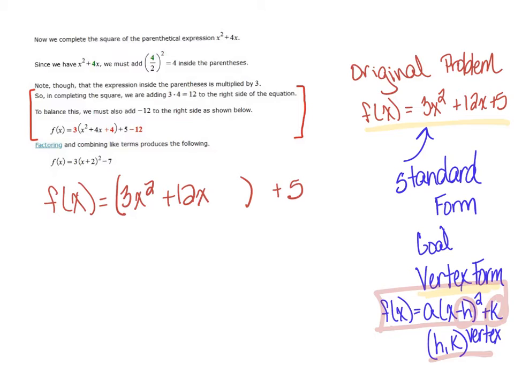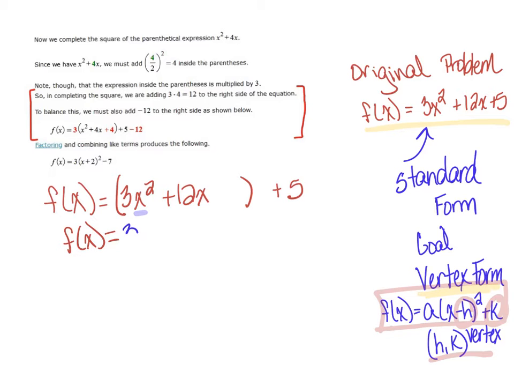Now, in order for me to use the vertex formula, this x squared right here has to have a 1 in front of it. Right now, I've got a 3 in front of it, but I have to have a 1 in front of it. So what I'm going to do now is factor out that 3. So I'm going to have f of x equals, and I am factoring out a 3.